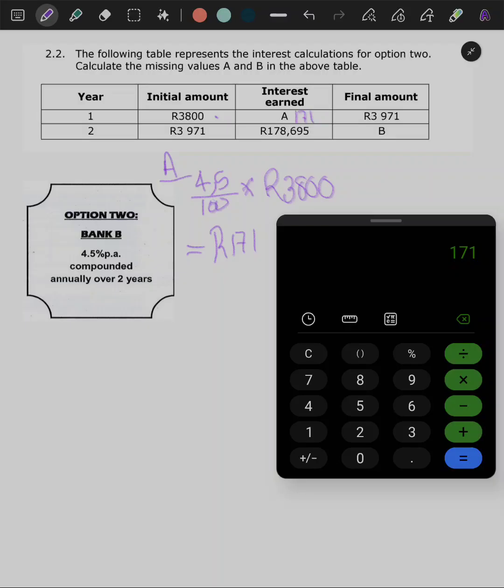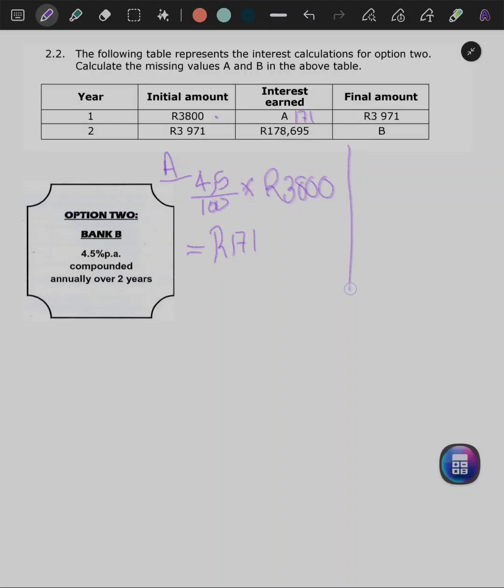Now, if you didn't know how to do the percentage calculation, you could have also done a subtraction calculation. That would have been a different way to go about it. You could have said, well, it's 3,971 with the interest, because it tells you that's the final amount, after we've added the interest.